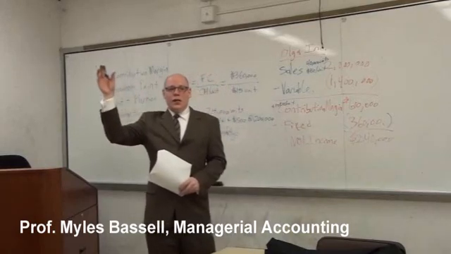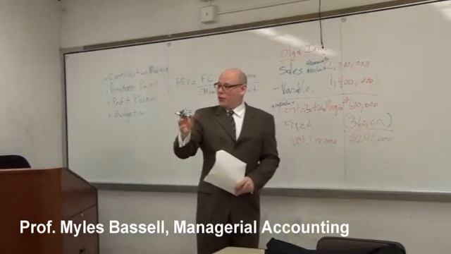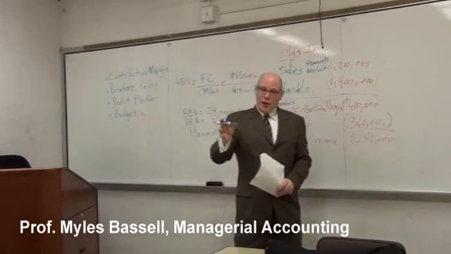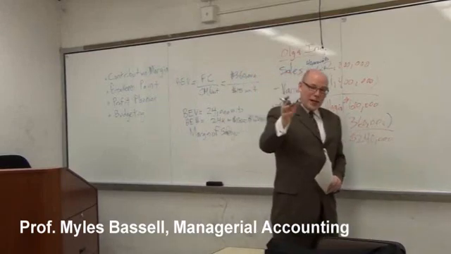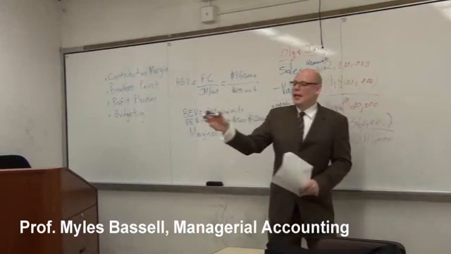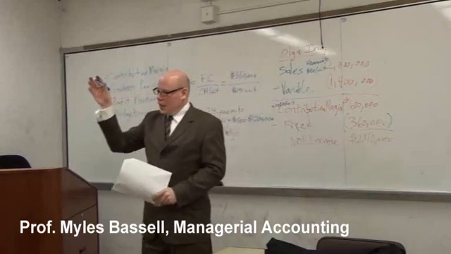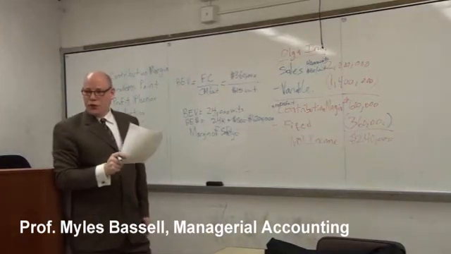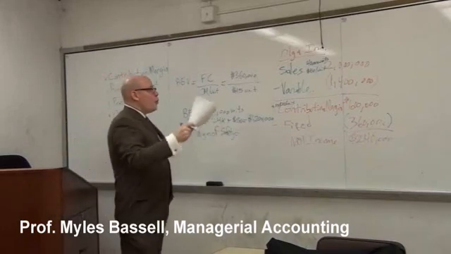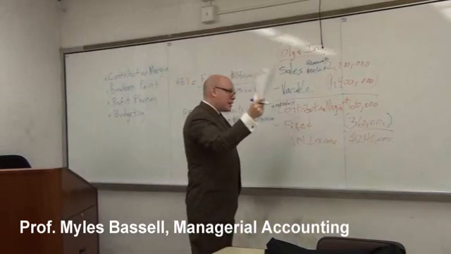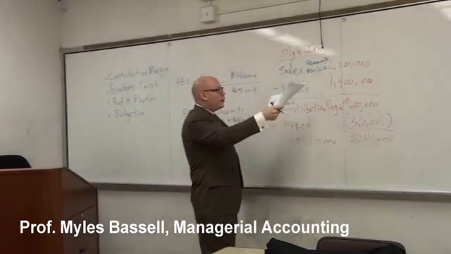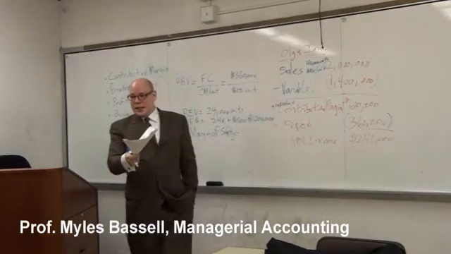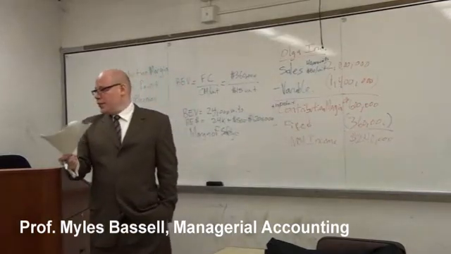So sales could drop 100,000, we're still profitable. 200,000, we're still profitable. 300,000, 400,000. Sales could drop $800,000 before we hit break even. Because remember, we said we're interested in the best case sales volume, the most likely case, and the worst case scenario.